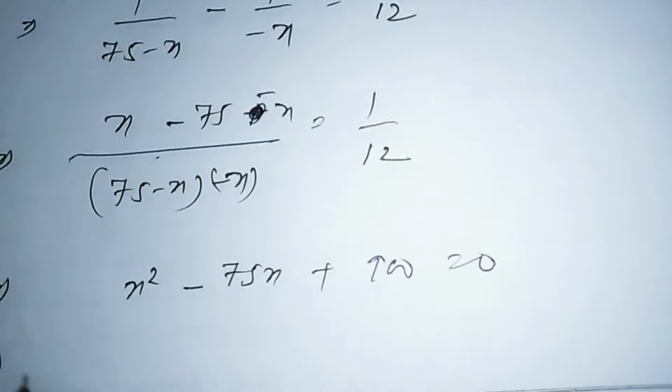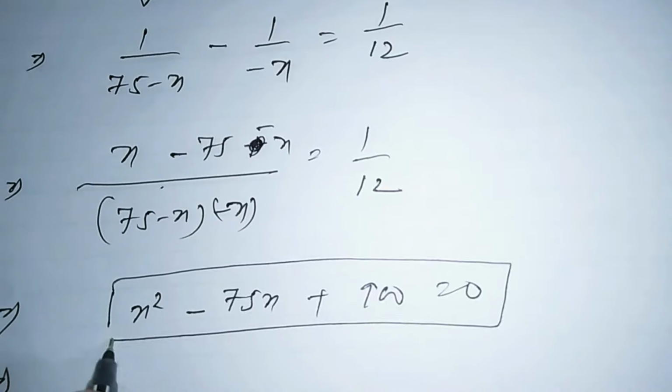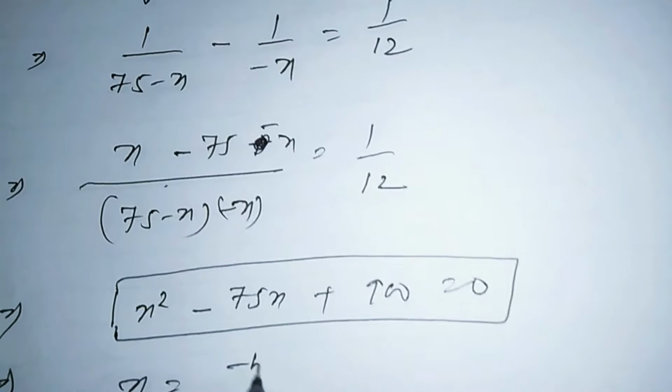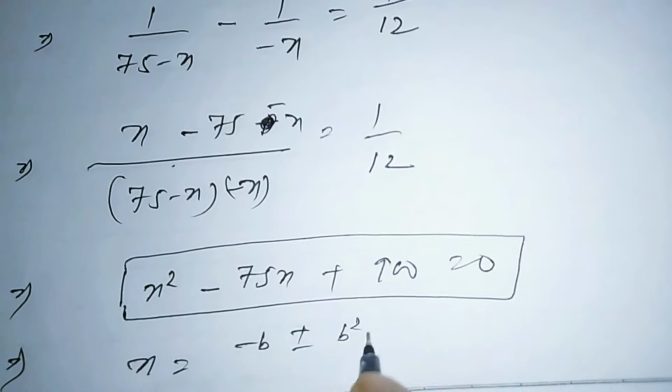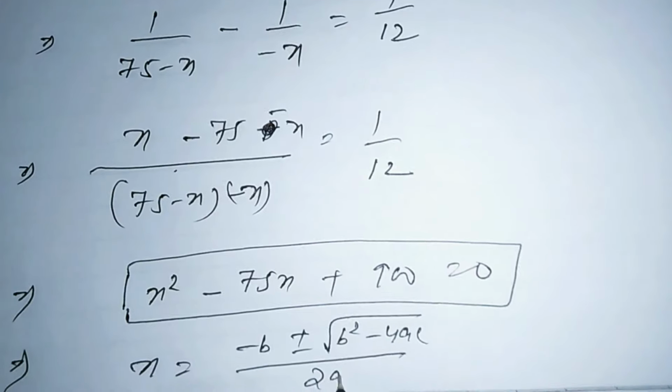This is the form of a quadratic equation. You know the quadratic formula: x is equal to minus b plus or minus square root of b square minus 4ac, upon 2a.